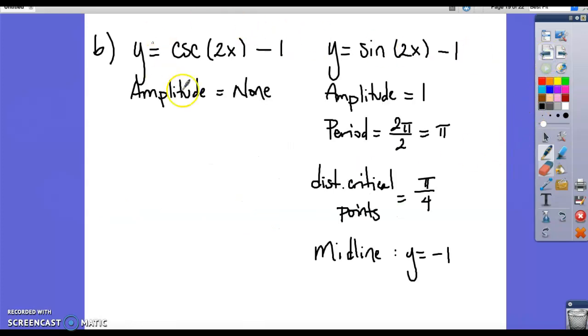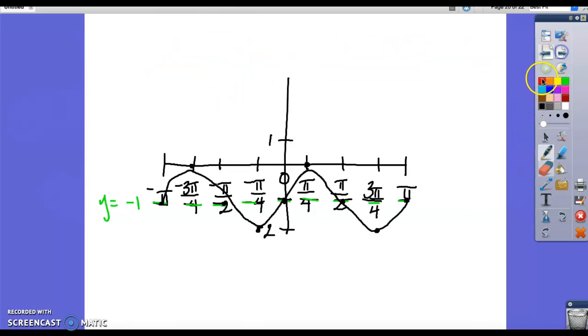Now I can graph this cosecant function anywhere sine equals 0, right? Cosecant is undefined. Okay, and that is incorrect, and maybe I should rephrase that.